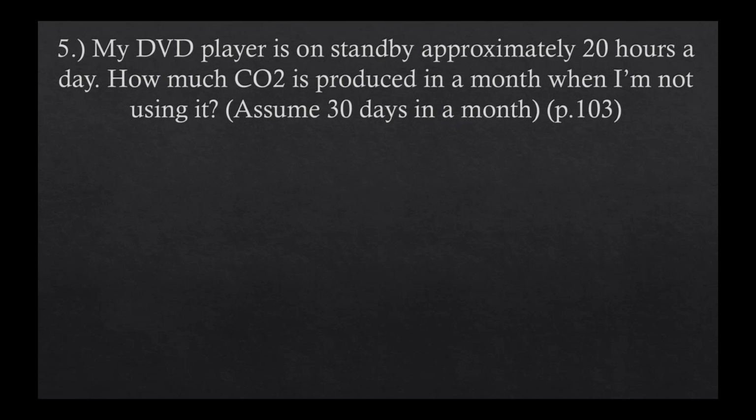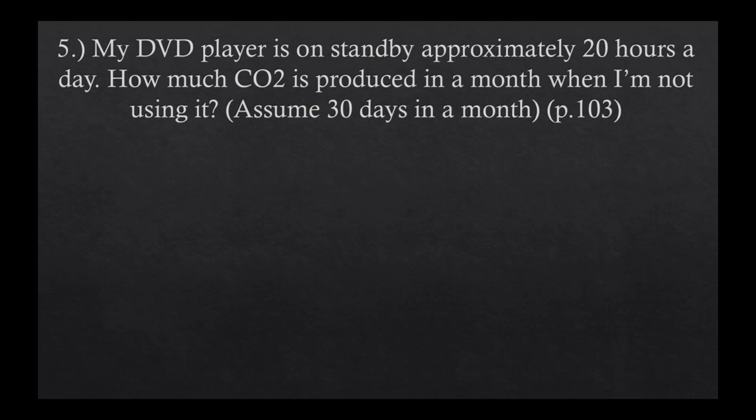So if something is plugged in even if it's not being used, it is still drawing energy. We call those things energy vampires, which is on page 103. If things are plugged in but not being used, they draw a significantly smaller amount of energy. And you will see the smaller numbers in terms of watts there on page 103.